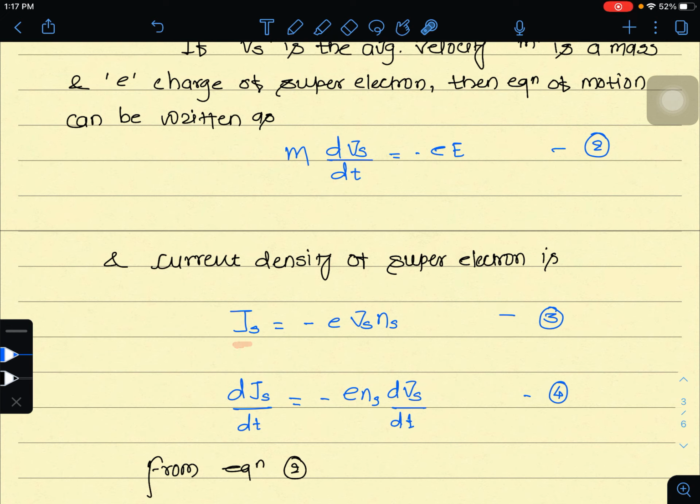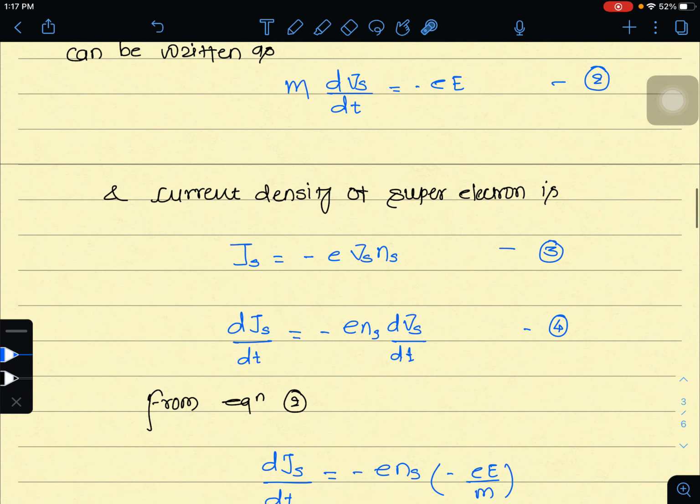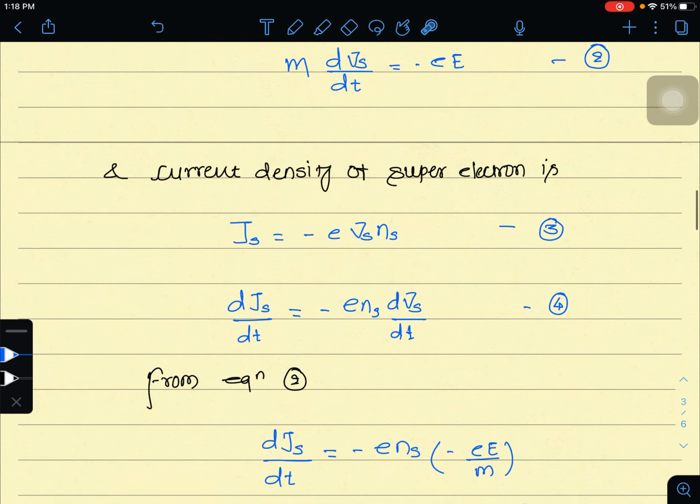Js is the current density, e is the charge on the super electrons, Vs is the average velocity of the super electrons, and Ns is the density of super electrons. Now taking the derivative of both sides, dJs by dt is equal to minus e Ns into dVs by dt.